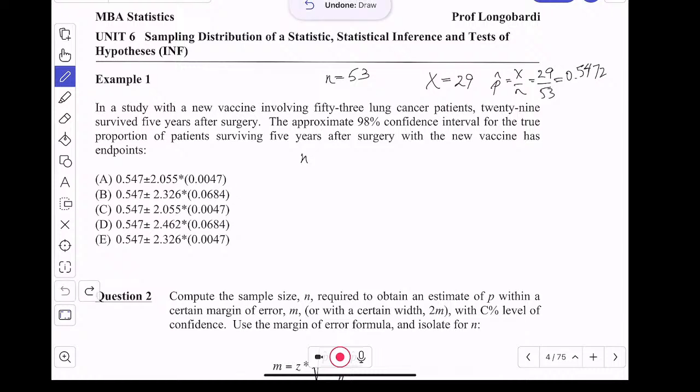So I'm going to assume that p hat is approximately normally distributed. And I'm going to say I want to create an interval that's 98% of the observations around p hat.